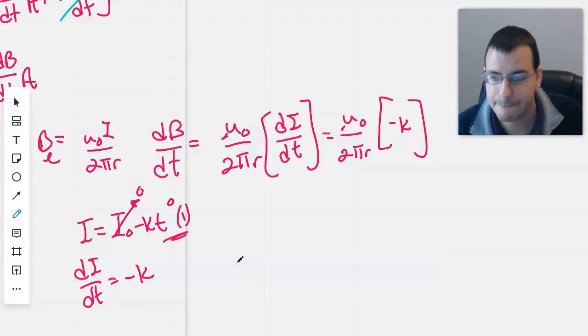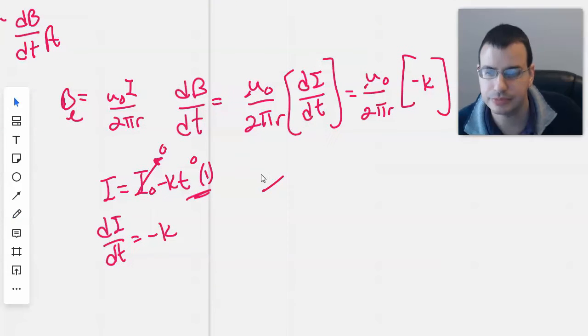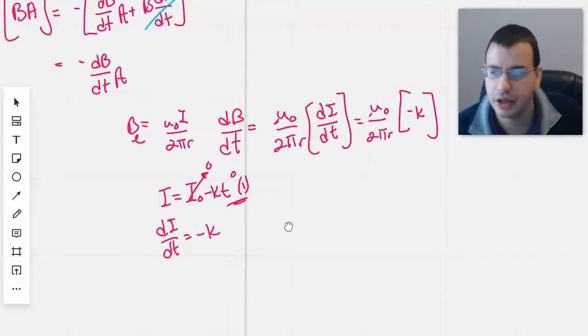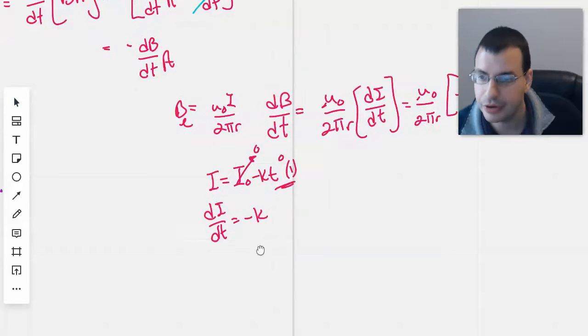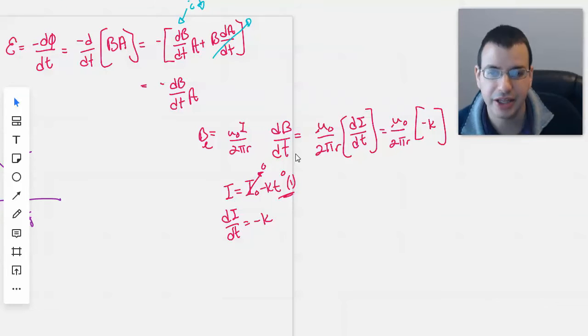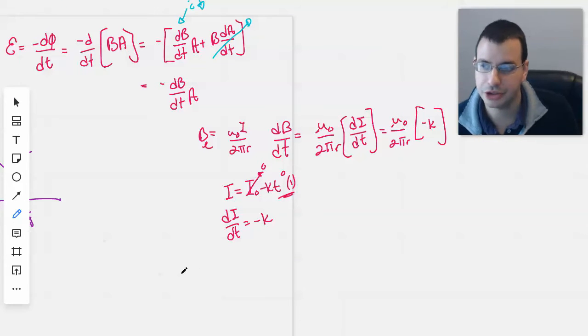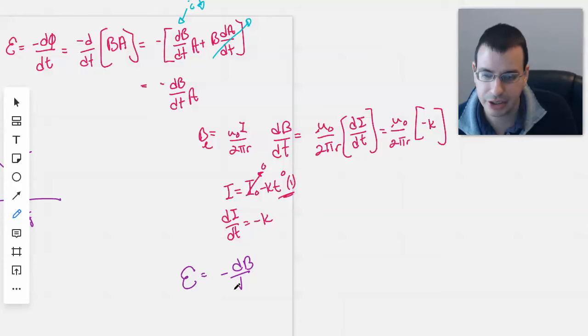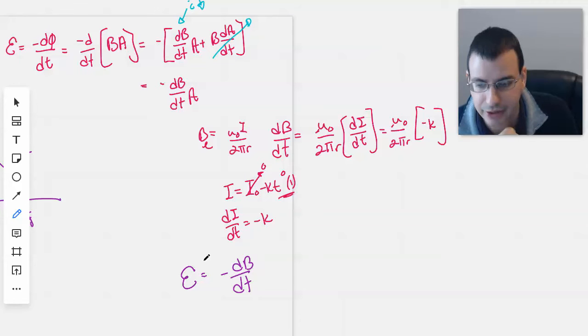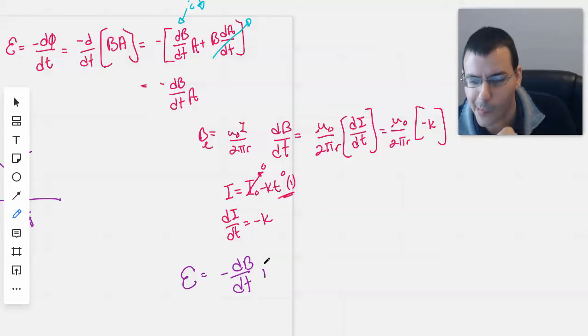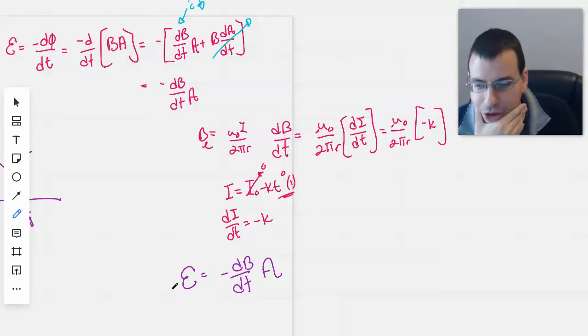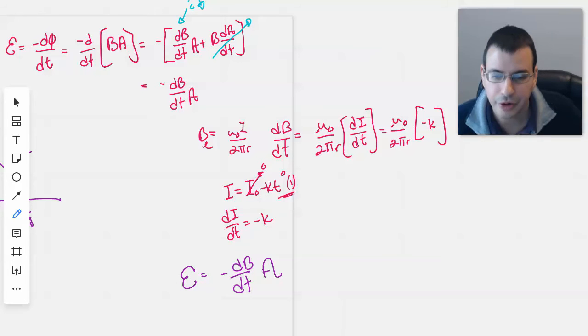Okay. Get rid of that line. So now we have, that is dB/dt. Now, then we have electromotive force equals negative dB/dt times A. So this though, let's see.